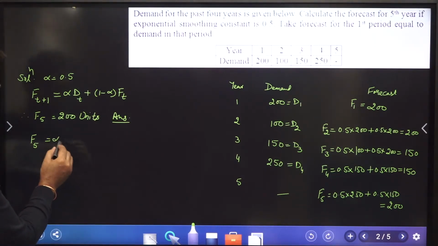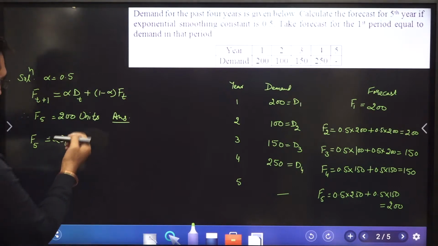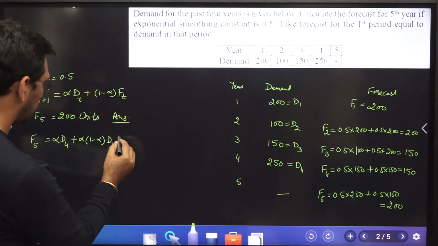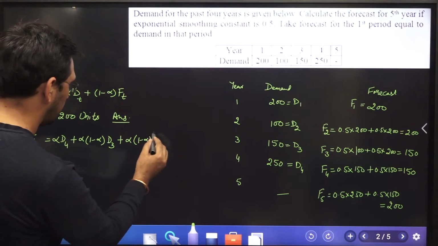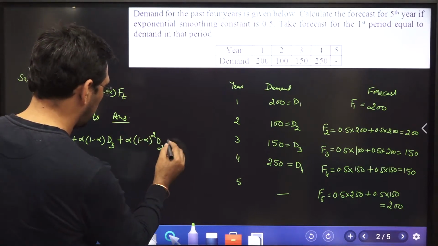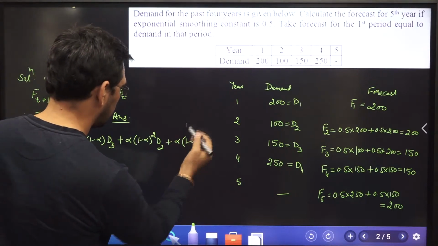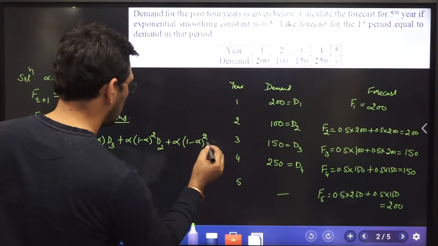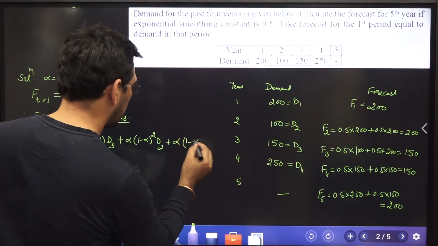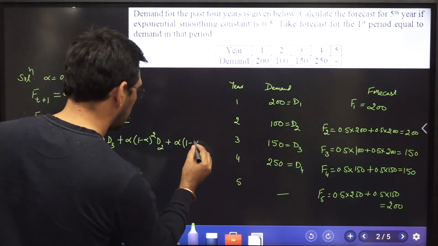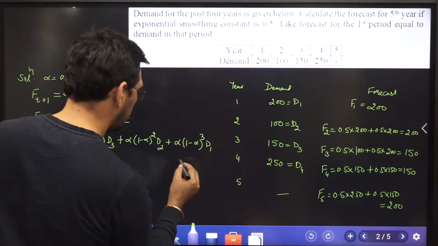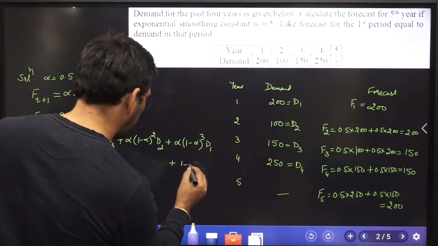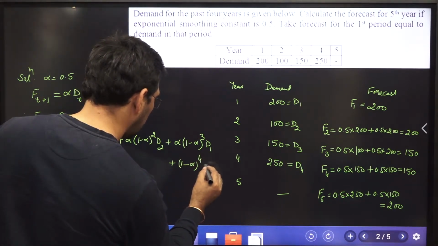It will turn out to be alpha into D4 plus alpha into (1 minus alpha) D3, plus alpha into (1 minus alpha) square D2, plus alpha into (1 minus alpha) cube D1, and then you are left with F1 into (1 minus alpha) to the power 4.